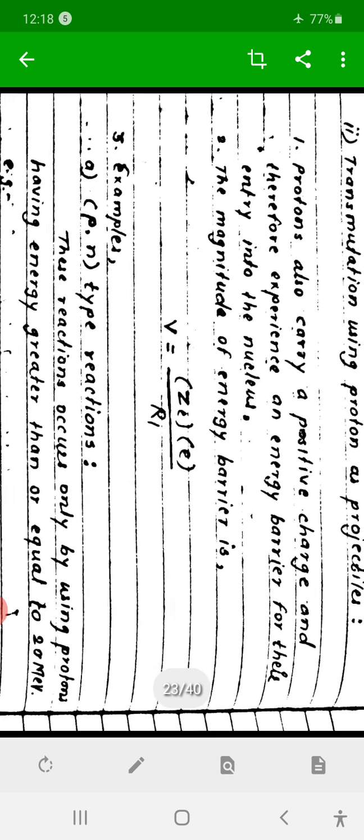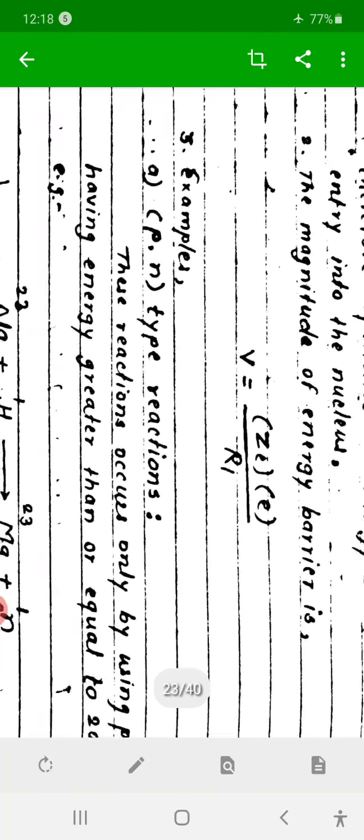Since it is positively charged and the target nucleus is also positive, here also for its bombardment there exists a positive repulsive force, and therefore it possesses a barrier potential or barrier energy, which is phi equal to Ze times E upon R1. Here Ze is the atomic number of the target.